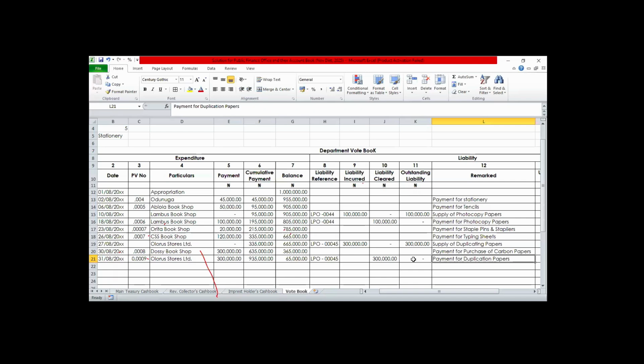Then, apart from those three or four we have made mention of, another means of control is National Assembly expenditure control. The National Assembly also controls expenditure by using the following means.